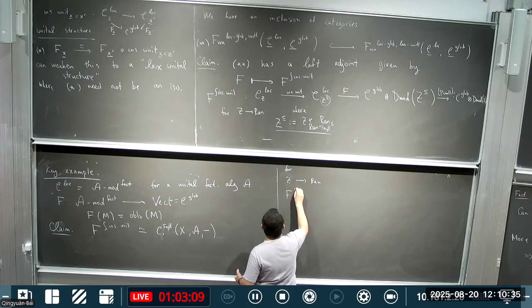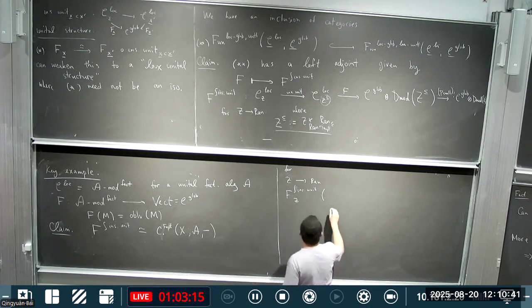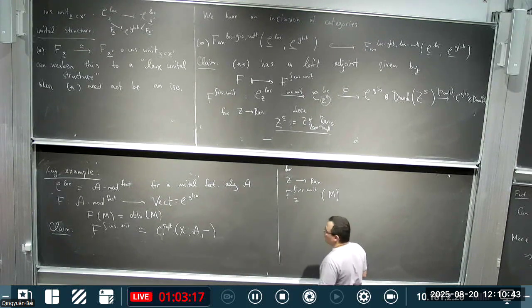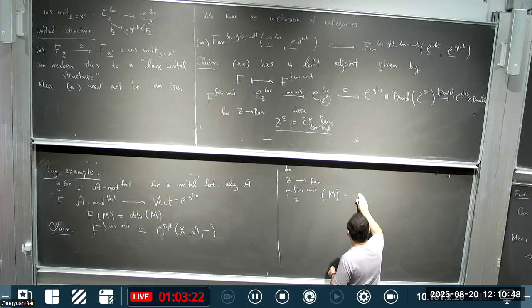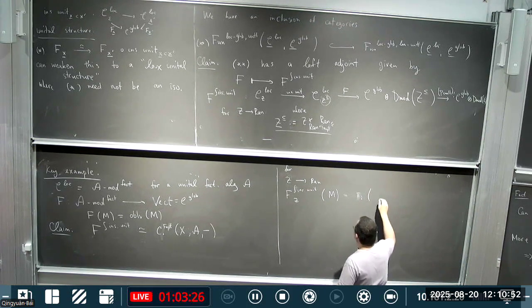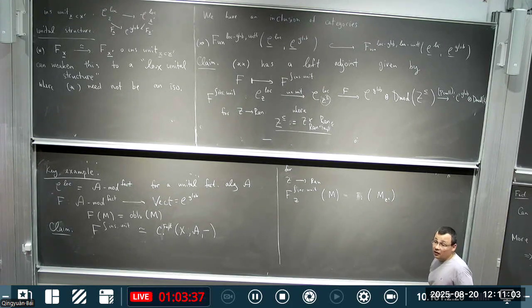So F integral with insertion of unit at z, of some module M. So the claim is that this is pi lower star of M, the inclusion of z. Yes, thank you.